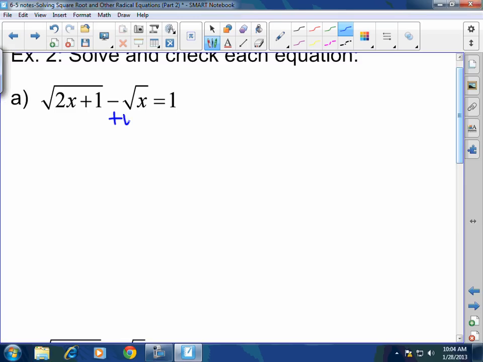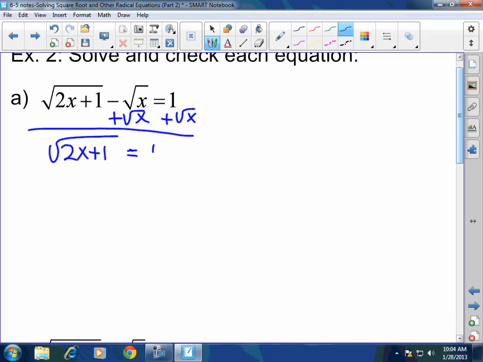Okay, add the radical x to both sides. Radical 2x plus 1 equals 1 plus radical x. Let's go ahead and square both sides.